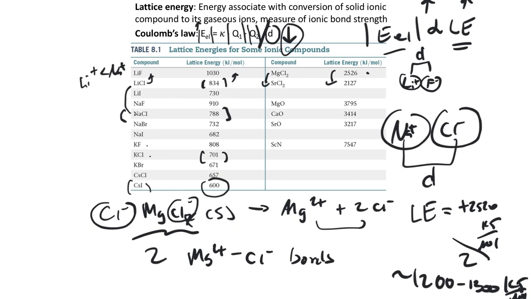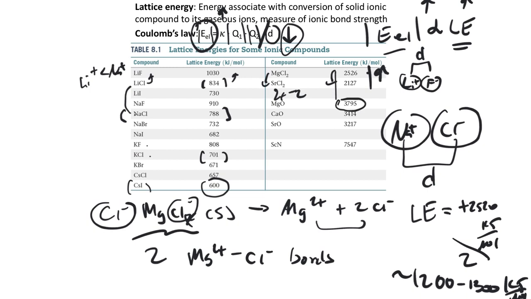A +2 charge is greater than a +1 charge. If I make the magnitudes of charge greater, I make the energy of attraction also greater. So +2 -1s, higher lattice energies. And then if I go +2 -2, that's even better. MgO only has one, so we go back to having just 1 mole of the bond in MgO, and look at how much higher that lattice energy is.